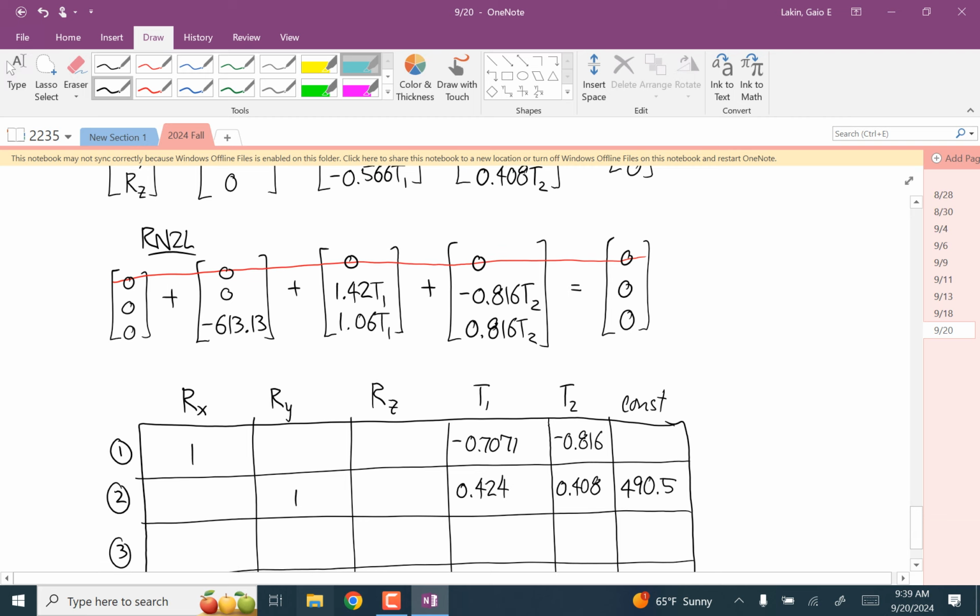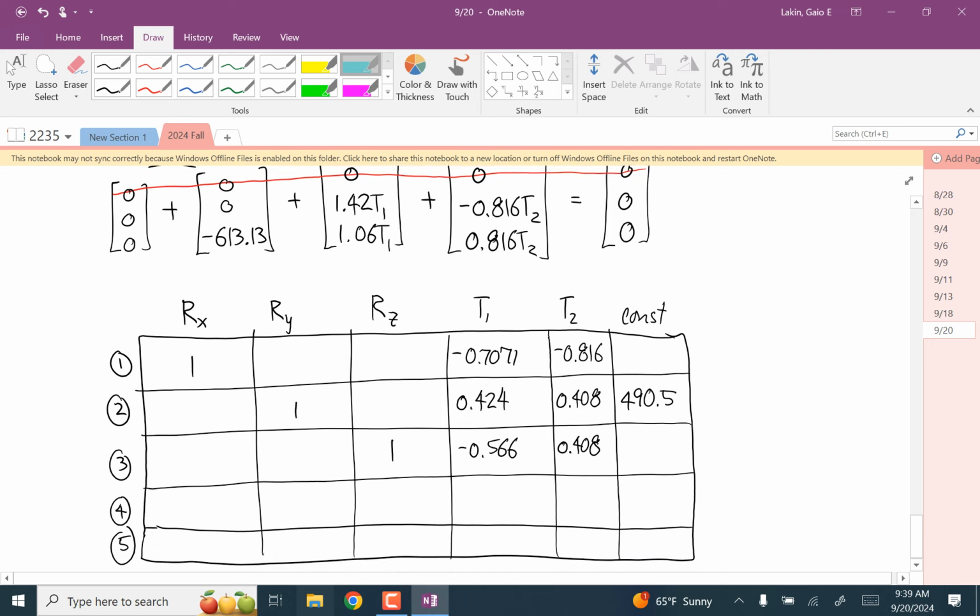For the third equation, Rz's, we have 1. T1s, we have negative 0.566. T2s, we have 0.408. And no constants.